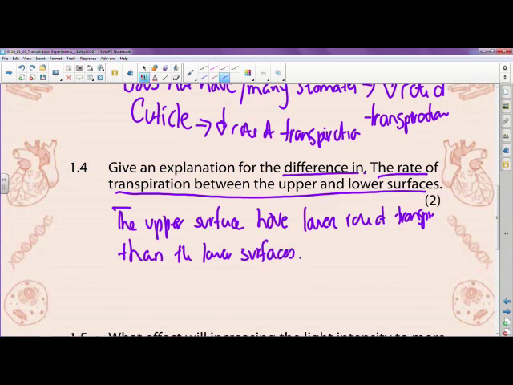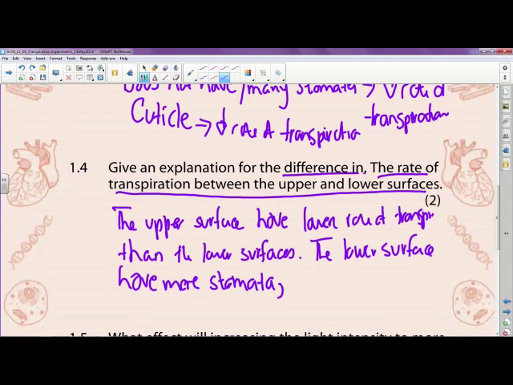And your reason being, the lower surfaces have more stomata. And where does water move out? Which means that it loses far more water.